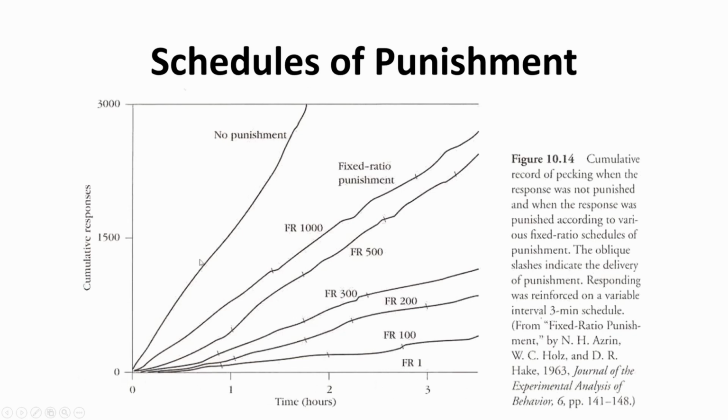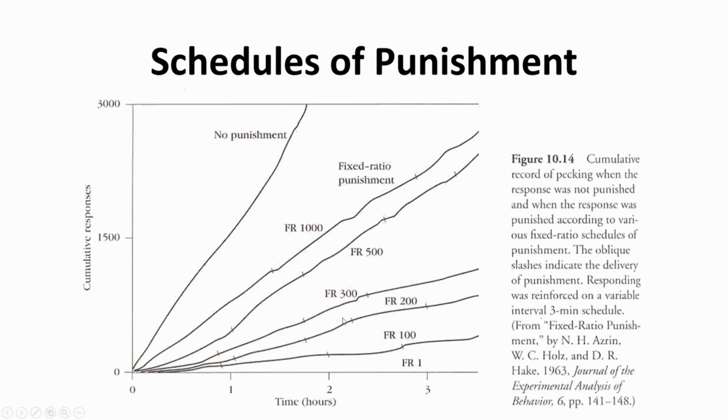So our first line here is there's no punishment. If there is no punishment for performing that action, then they're going to perform that action fairly often and fairly quickly, so a pretty steep slope. If we look at the other extreme, our FR1 down at the bottom here, a fixed ratio 1, meaning that for every occurrence of the behavior, it is immediately punished, we see that the behavior occurs less frequently, so a less steep line, where very few cumulative responses are occurring over that amount of time.